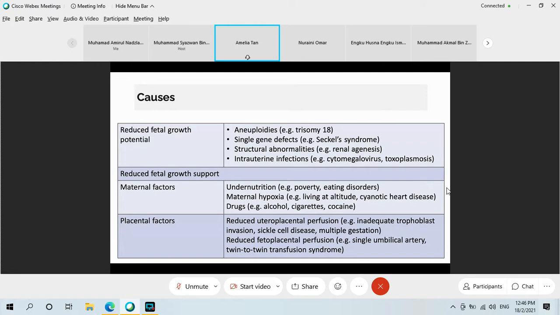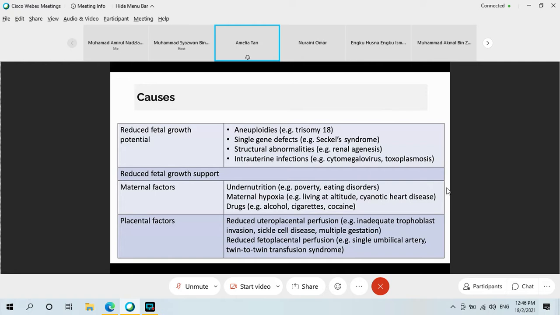And the last one is placental factors. The placental factors can be subdivided into reduced uteroplacental perfusion or reduced fetoplacental perfusion, but both of these categories are normally just due to placental insufficiency. For reduced uteroplacental perfusion, the examples include inadequate trophoblast invasion, sickle cell disease in the mother, and multiple gestation, where the mother has given birth several times.